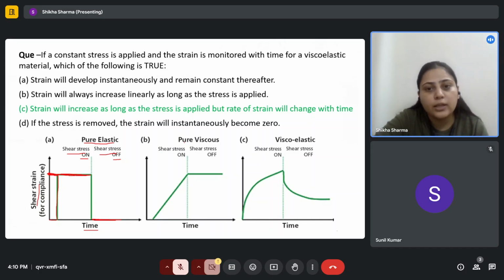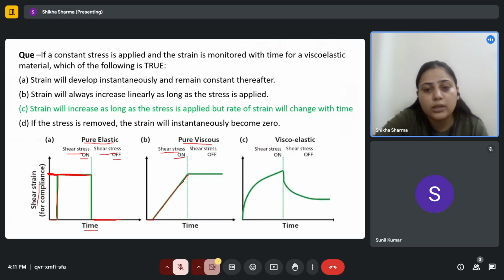But in the case of a purely viscous material, what is going to happen when we apply the stress? First there is no stress, so strain will be zero. Then as we apply the stress, strain will increase linearly with time.